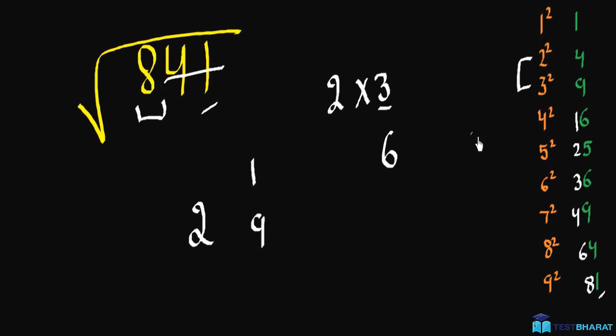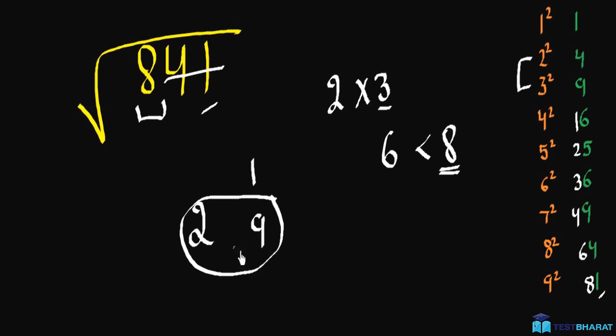Now I'll compare 6 and 8. And in 6 and 8, I know that 8 is greater than 6. So here also I'll pick up the number which is greater. From 1 and 9, I know that 9 is greater, so 29 will be the square root of 841.